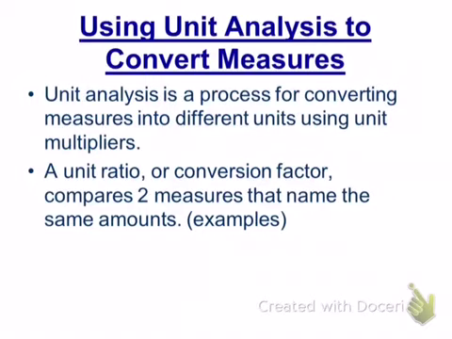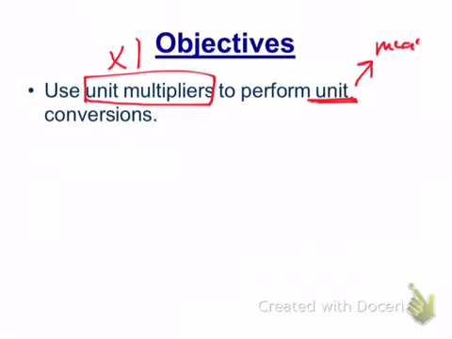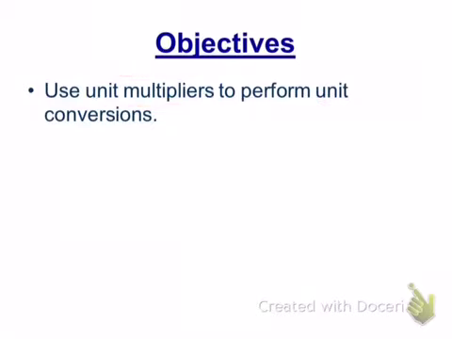So the word has two different meanings in the statement. A unit multiplier means we're multiplying by 1 to perform unit conversions, that means different measures. A unit multiplier has a value of 1.